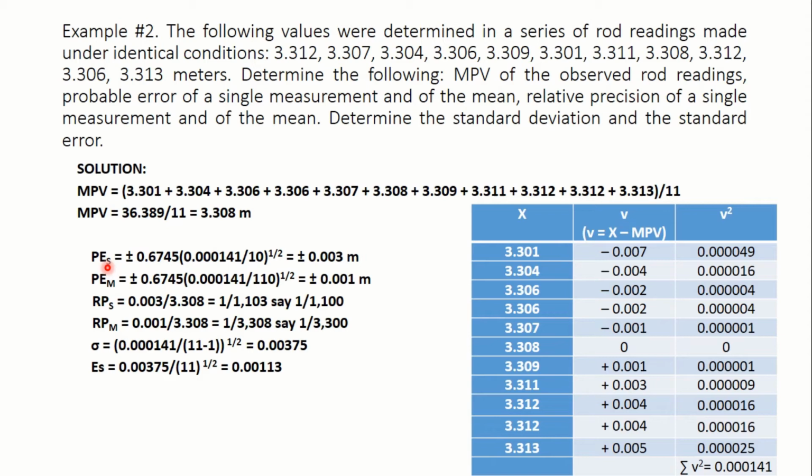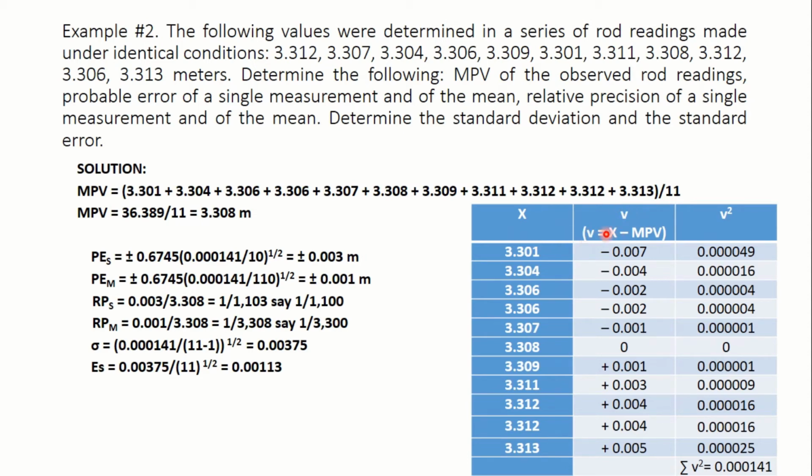Okay? So, next, kailangan natin yung probable error of single measurement. Pero hindi agad tayo makakapunta rito. Hindi natin masosolve yan. Kasi, sa formula, kailangan natin yung ayan. So, pupunta muna tayo dito sa table. Ito yung mga observations. Ito yung residual.